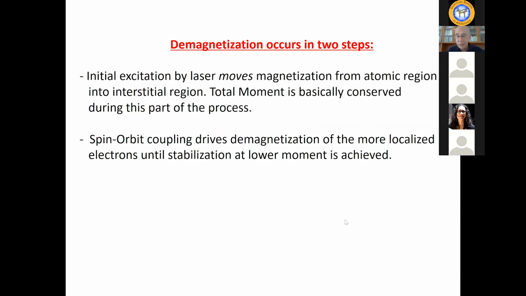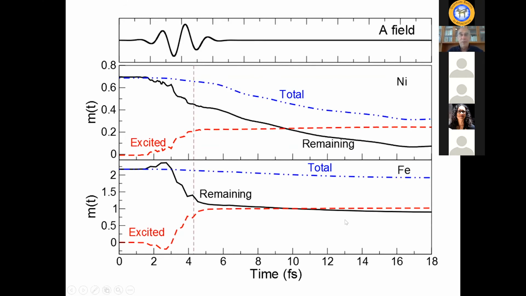And now this is the main interpretive transparency here. We have now decomposed the total magnetization that goes down here, the same as what we saw before, into a part that I call excited. That's electrons that have been excited by the laser pulse.